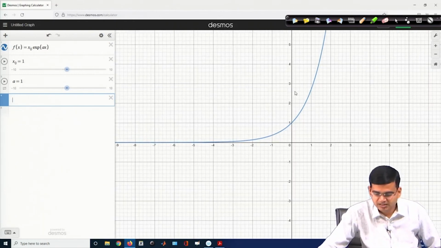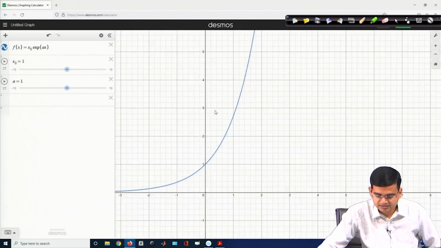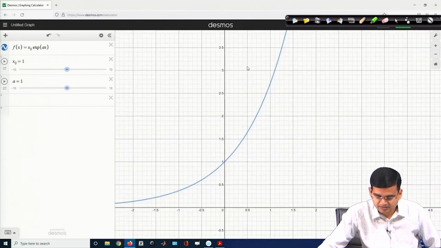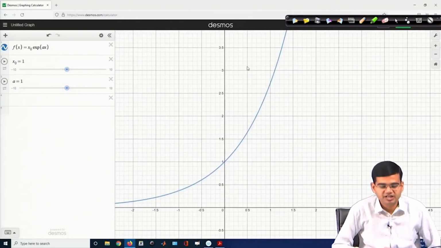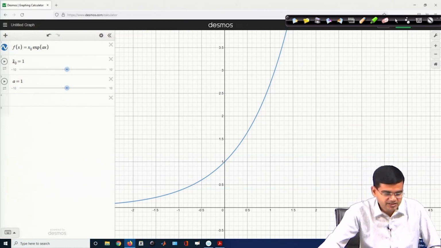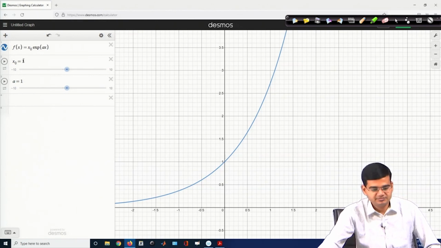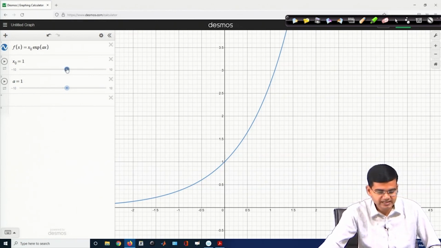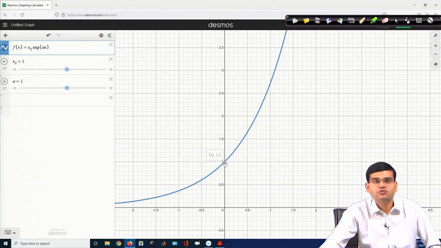So, let us see how the system behaves. Let me have a look into the solution behavior. First of all, let us look into the effect of initial condition. Okay. So, as I change this, you can see here 0, 1, which means at time t equal to 0 the value of x is 1.